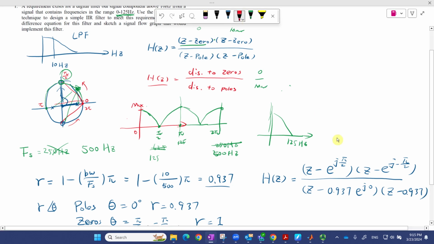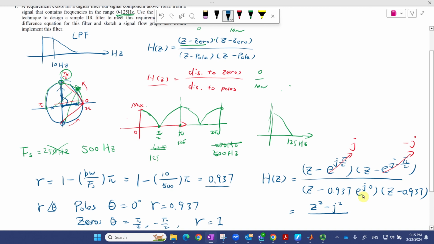And you can also see this one is the positive j, and this one is the negative j. So H(z) is equal to z minus and plus j, so it's z squared minus j squared, right? So j squared is -1. For the bottom, what was that?